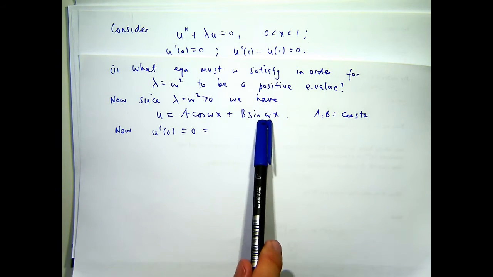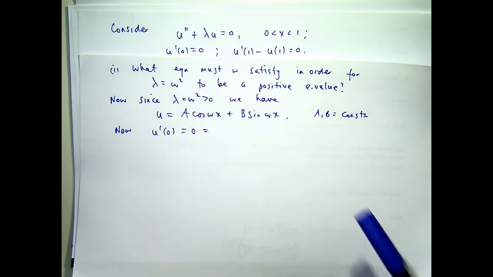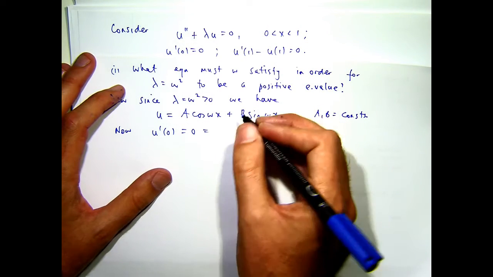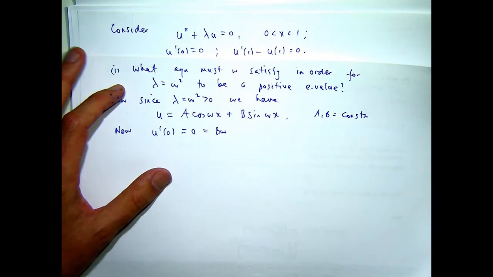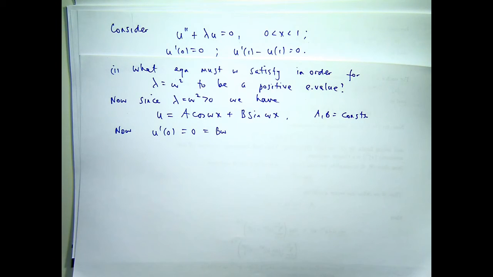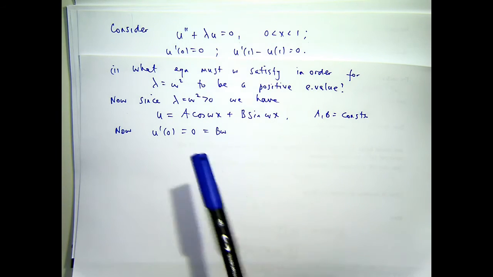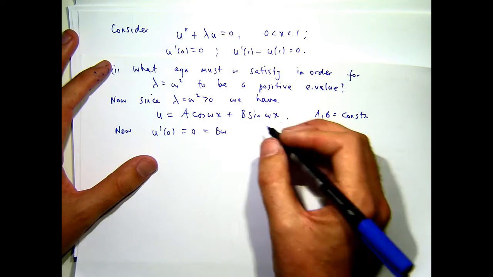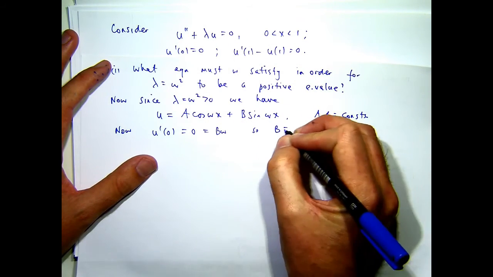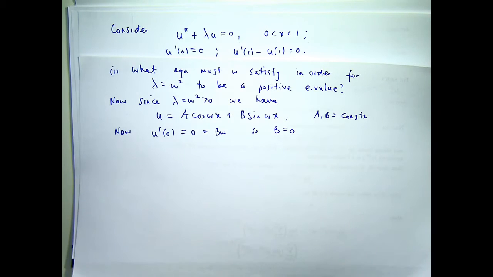If we differentiate sine, we get a cosine, which will go to 1 at x equals 0. So the omega will come to the front, and we'll get the following. Now in this setting, omega is positive, so that bottom equation holds for b equals 0. So certainly one of our general constants is 0, but what we want now is to get the other constant a non-zero.